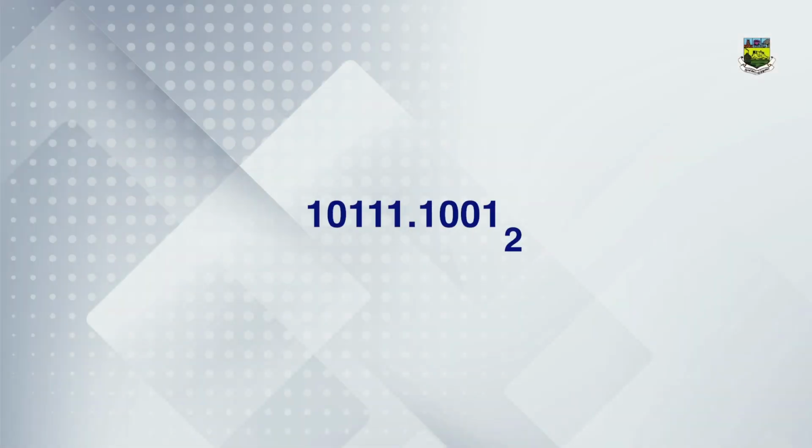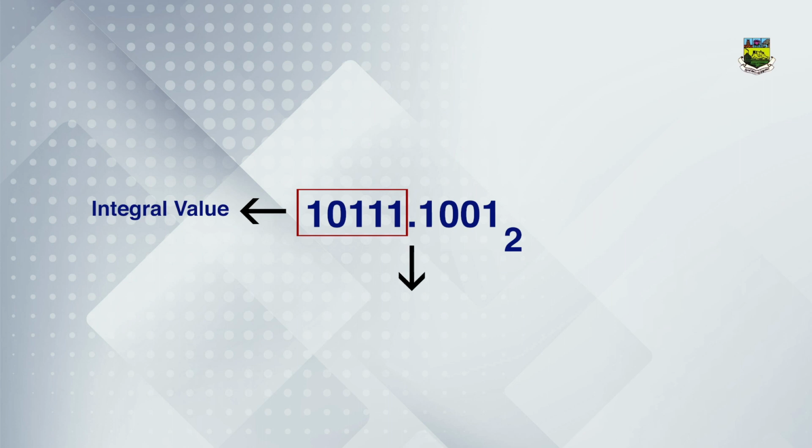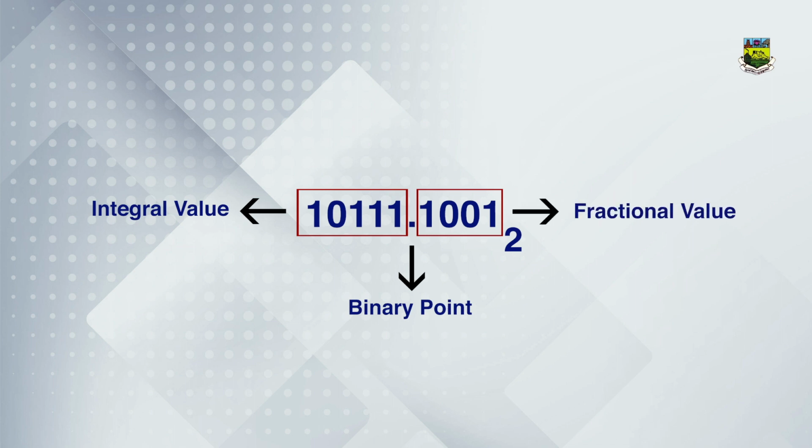For example, the value 1011.1001 base 2. In this value, the part before the binary point is the integral value, the point is said to be the binary point, and the part after the binary point is called the fractional value.